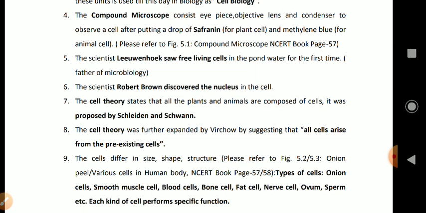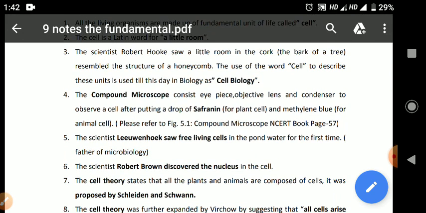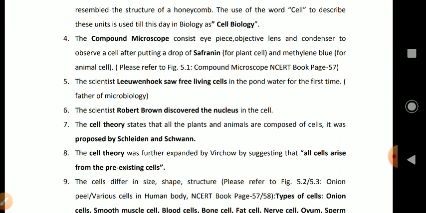The size, shape and structure of the cell are similar, but according to function, their size, shape and structure differ. After the discovery of the electron microscope in 1940, we can study the internal structure and internal organelles of the cell, and in the next class, we shall study the structure and various organelles of the cell.